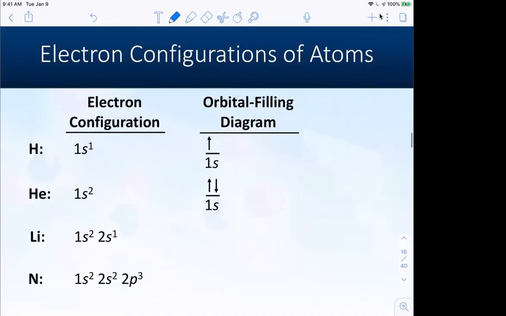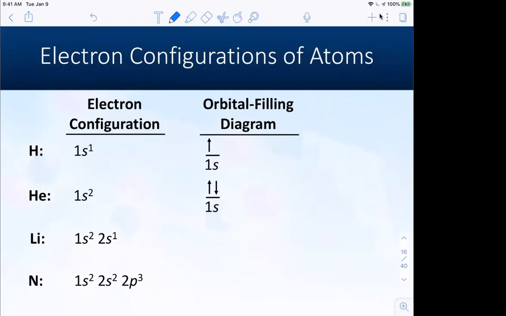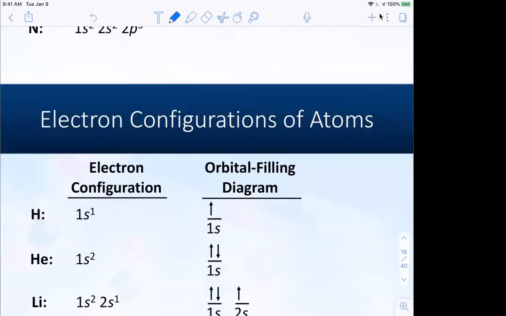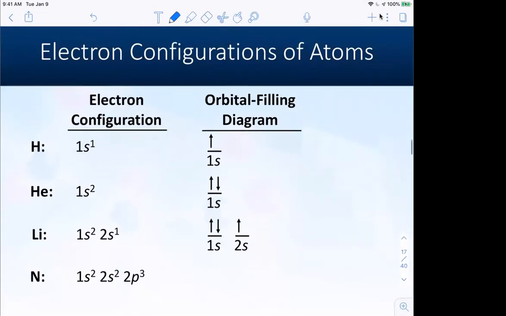So that's what I see on this diagram here. If I look at lithium, I have the 1s orbital and I have the 2s orbital. So when I look at that orbital filling diagram, I have the first subshell filled, and then I have the 2s subshell filling.